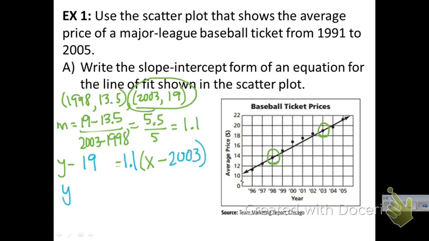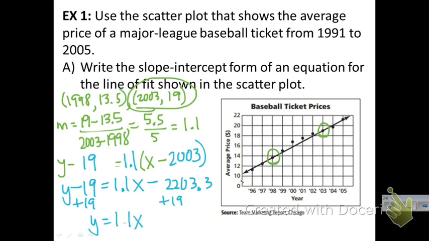And we're going to go ahead and distribute. 1.1 times 2003 gives us 2203.3. Add 19 to isolate y. So y equals 1.1x minus 2184.3. Okay, we're going to use this on the next slide. So there's the equation of our line.